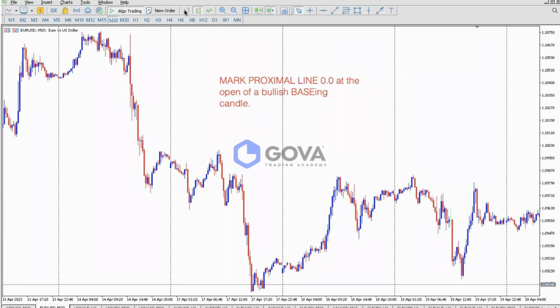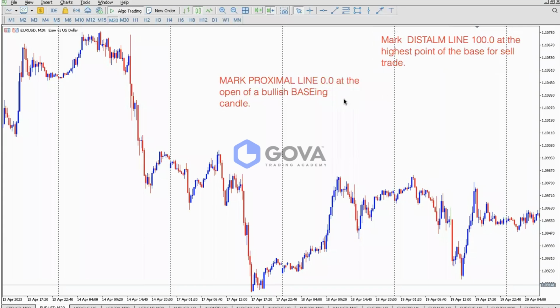Remember that. It also states that you mark the distal line at 100.0, at the highest point of the base, for a sell trade.